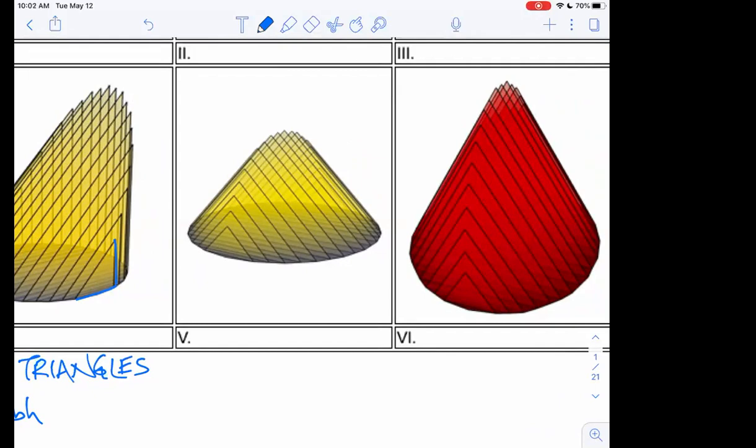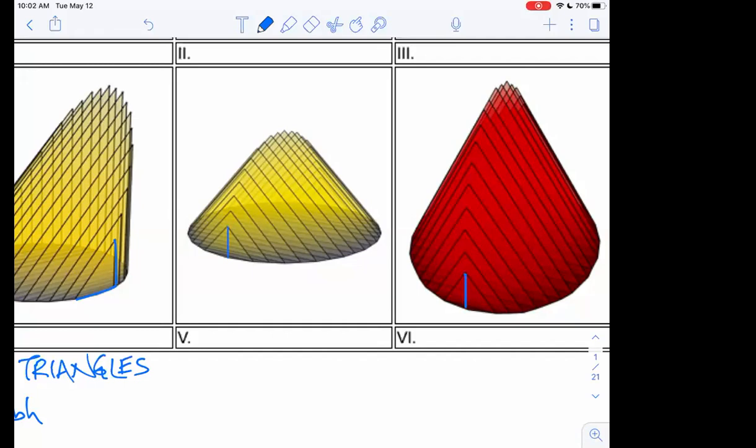I think it's maybe hard to distinguish between 5 and 6, but one thing we could all agree on is that the height for these triangles is going to be like here, rather than one of the sides of the triangle. Even in the red one, the height of the triangle is going to be like here.